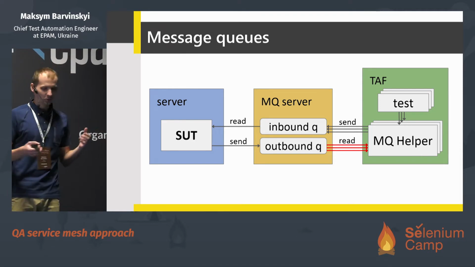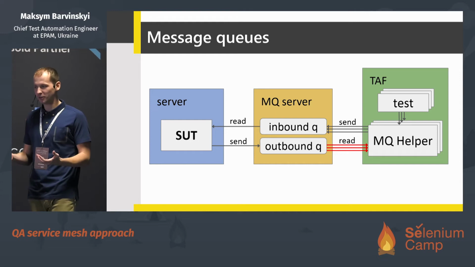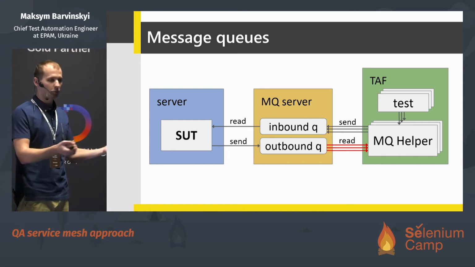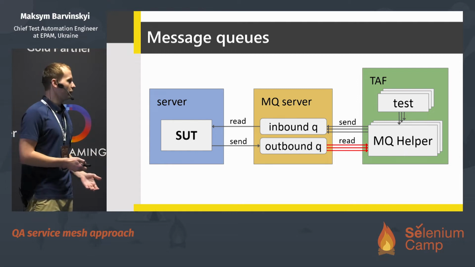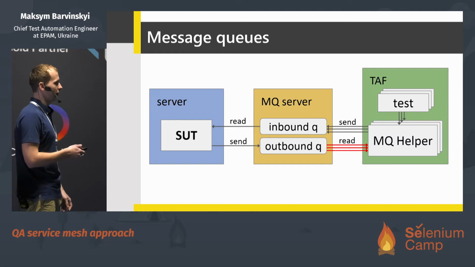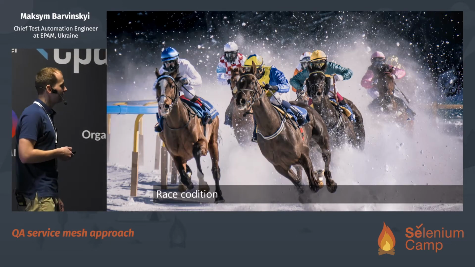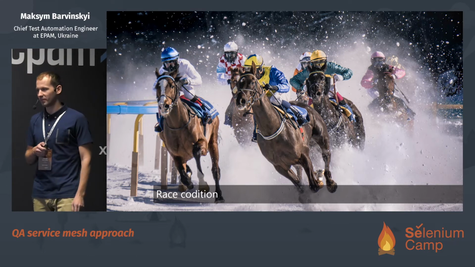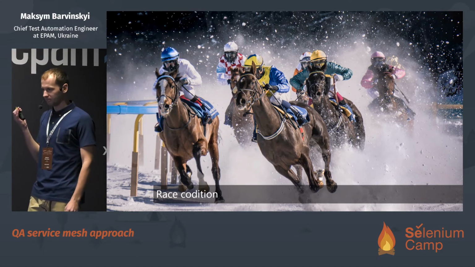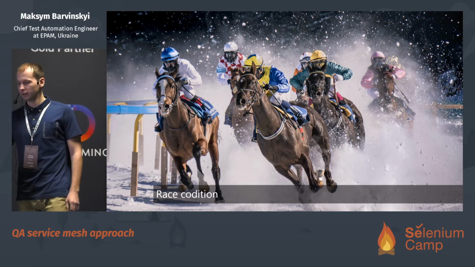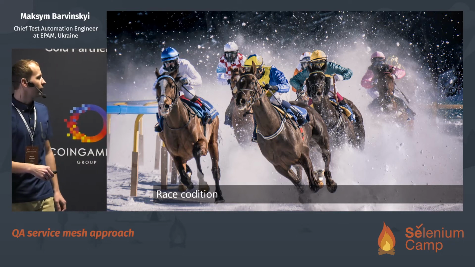So if you introduce multiple consumers, only God knows which exact consumer will get this message. So this solution didn't work with parallel test runs, and we had a situation called race condition. How do we overcome this? How do we fix this issue?